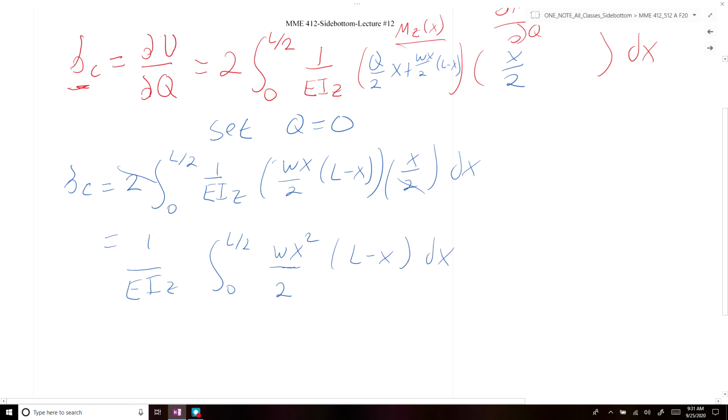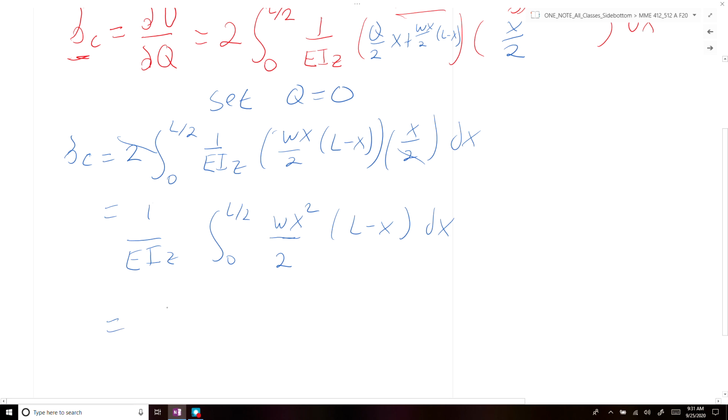Okay, so if we do this integral, we get 1 over 2EIz times, and we can bring out the w as well, and then we'll be left with Lx cubed over 3 minus x to the 4th over 4 from 0 to L over 2.